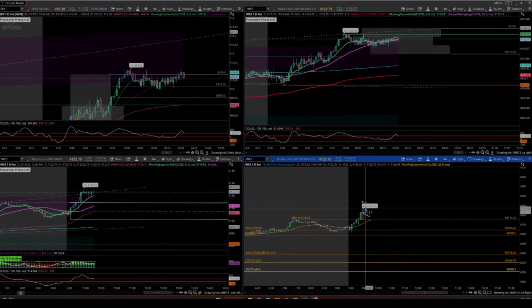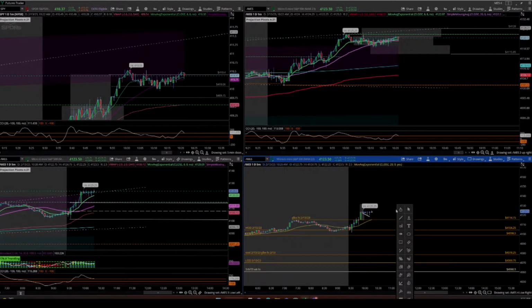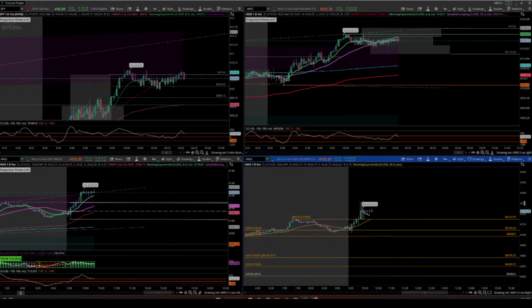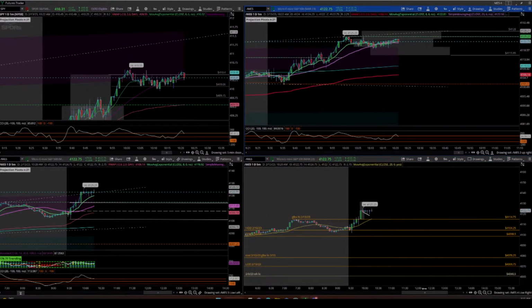This candle could become our measured move, or a metric for a measured move. And our measured move could be all the way up to 411.32, which would be about 10 points from where we're at now. All right, here's the part where it starts printing the handle.